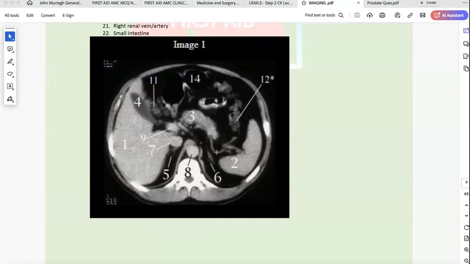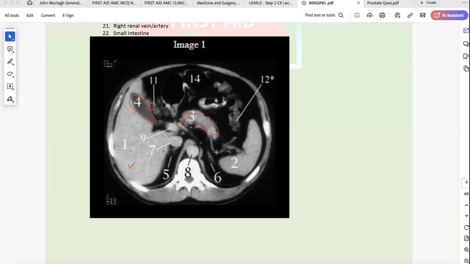So on the right-hand side, the big one that you see is the liver. You can see the gallbladder over here. You can see the pancreas. And is this spleen or kidney? It is spleen, right? Because if it was kidney, then on this side also there should be a kidney.